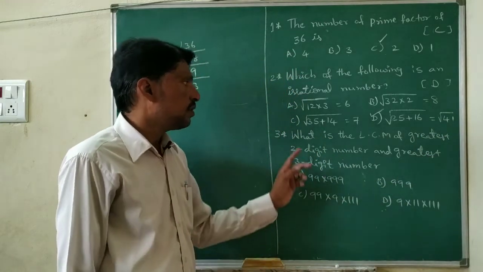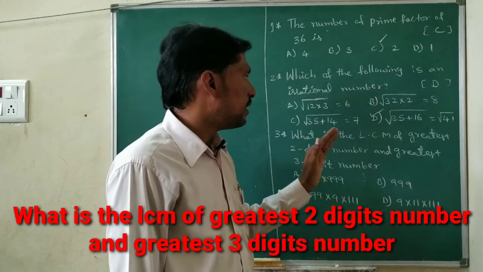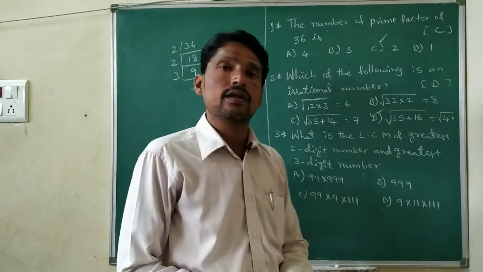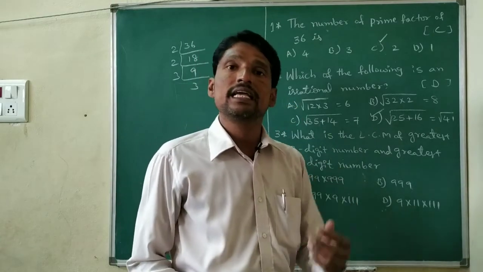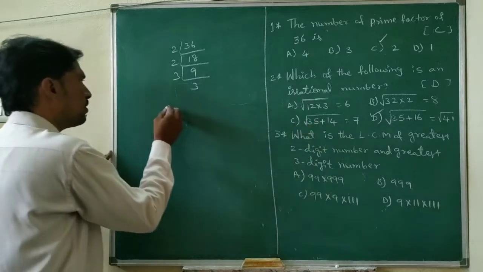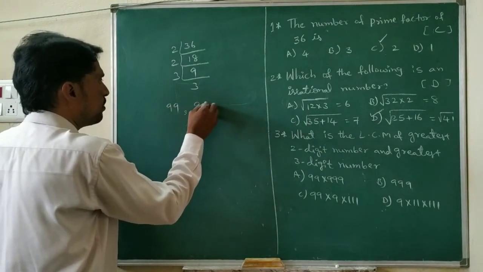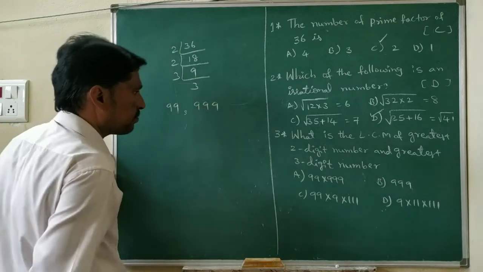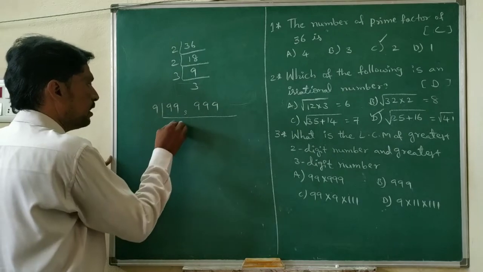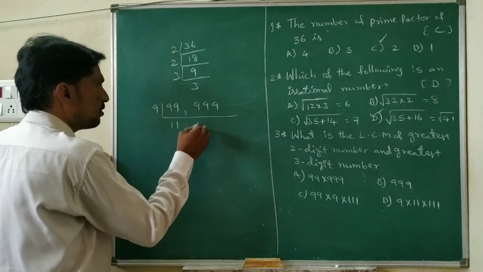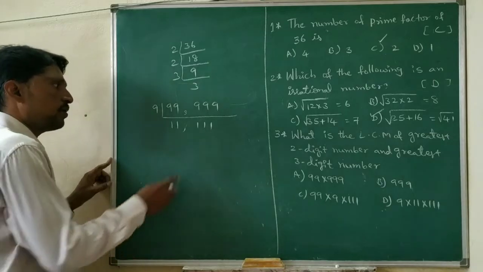Next, third one. What is the LCM of the greatest 2-digit number and the greatest 3-digit number? So what is the greatest 2-digit number? 99, and the 3-digit number is 999. Now we can take the 9 table. 9 elevens are 99. 11 table for 999 is not possible.